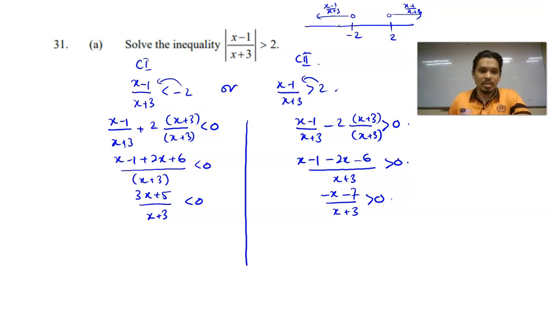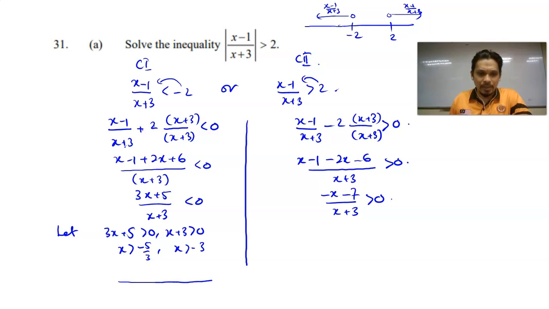We are going to find a solution set for case number 1, and another one for case number 2. For case 1, let 3x + 5 > 0 and x + 3 > 0. Then x > -5/3 and x > -3. Negative 3 and negative 5/3 remain, so both are greater than.